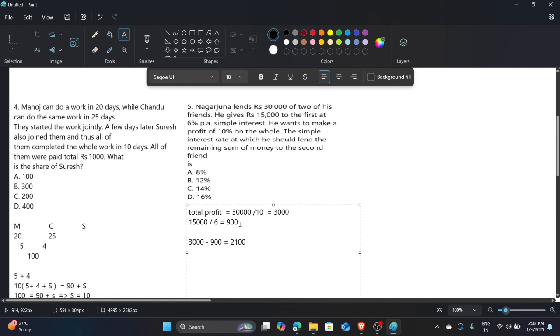So 2,100 is what percentage of the 15,000? The percent is this multiplied by 100 and divided by the total. The 15,000 is the total.